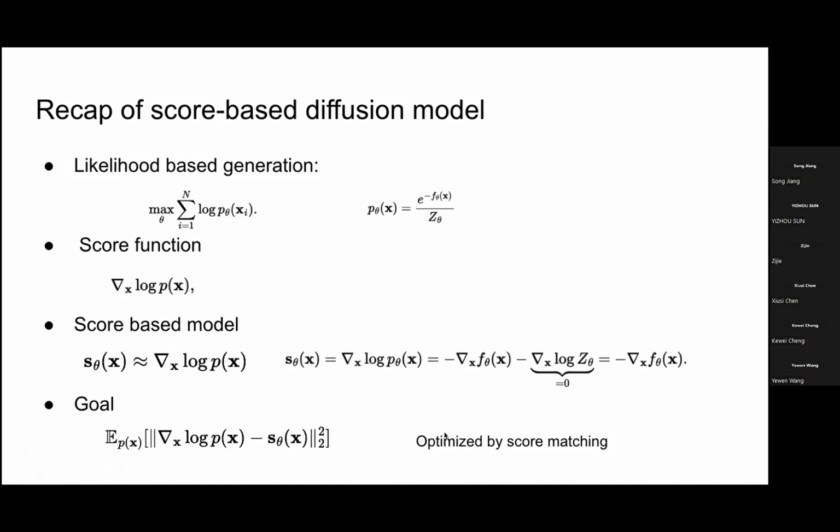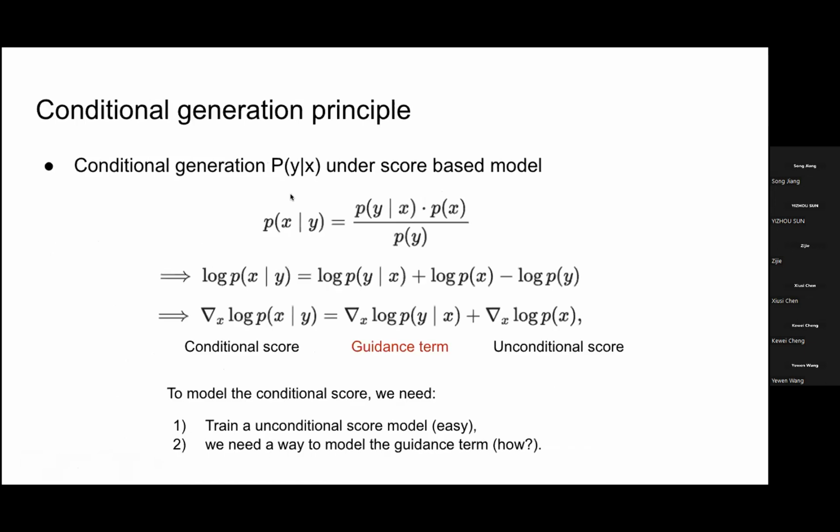So in practice, people use a technique called score matching to optimize this score-based model, so that the desired output is that this S can well predict this gradient of log likelihood. And that's the score-based diffusion model.